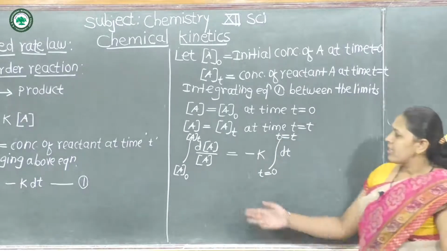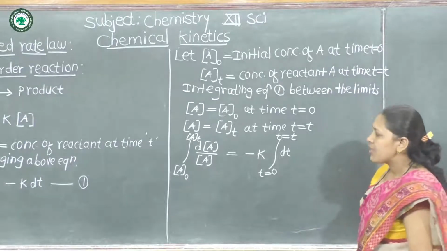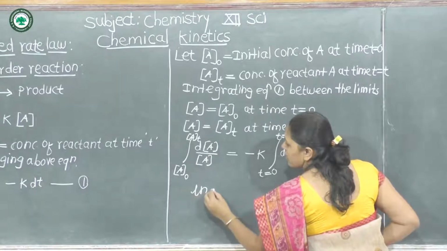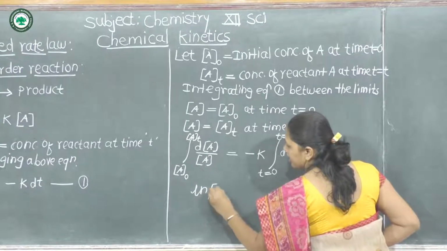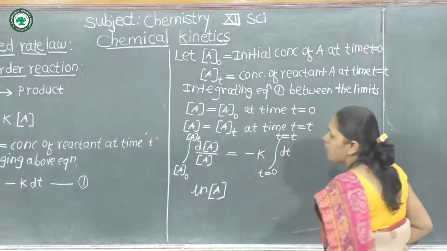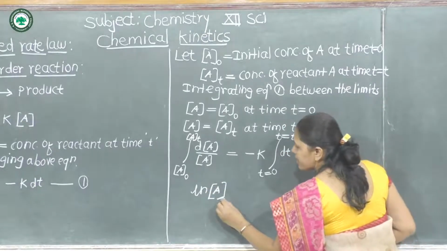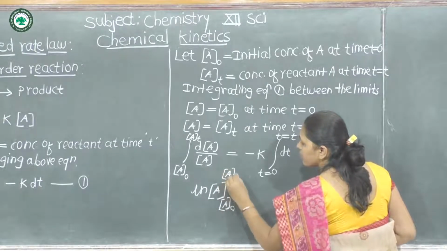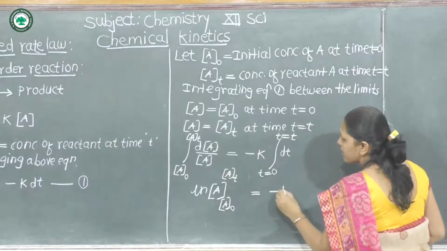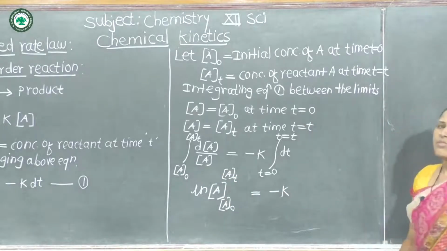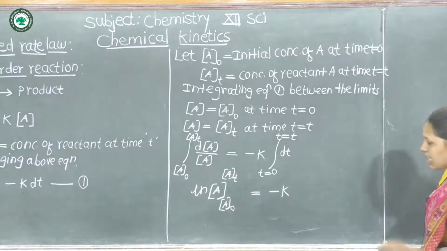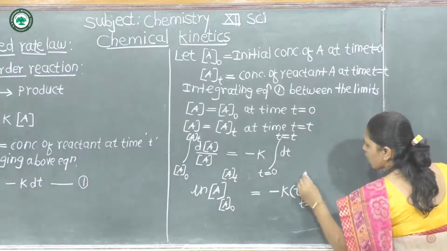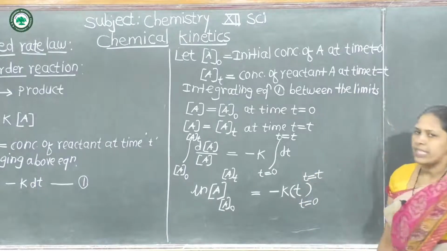Then the integration of this term is ln of A between the limits A0 to At is equal to minus K integration of dt, is equal to t between the limits t is equal to 0 to t is equal to t.